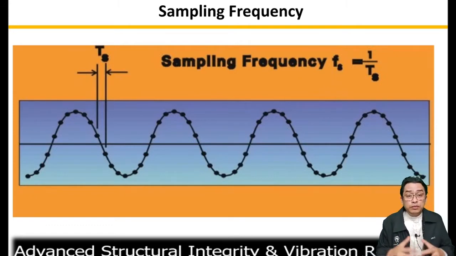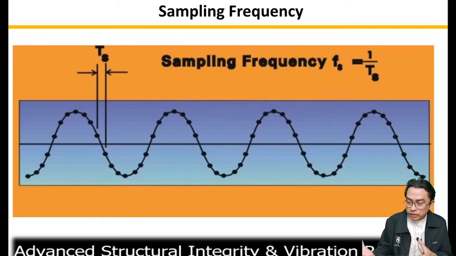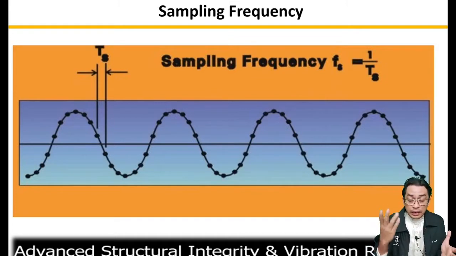But first, we have to understand what sampling or sampling frequency is. We know that we want to convert an analog signal into a digital signal. An analog signal is continuous. The digital signal is a discrete signal. So a discrete signal requires us to sample the analog signal.